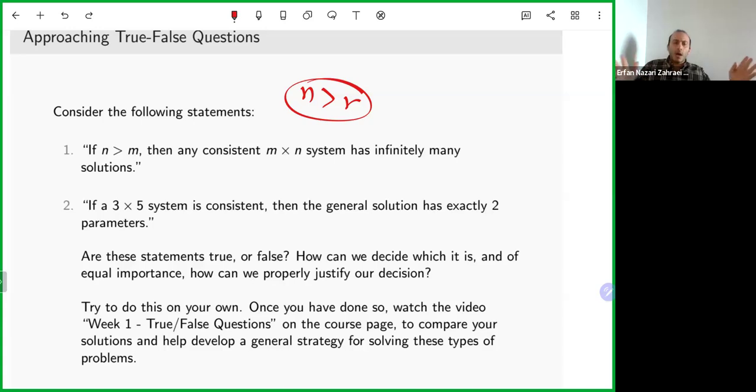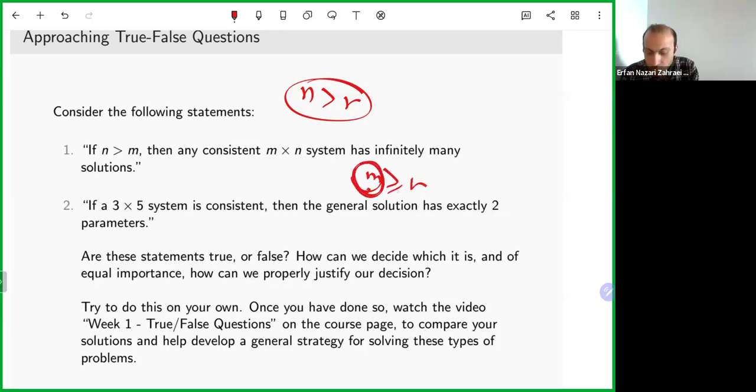Rank is the number of non-zero rows in RREF, and m is the total number of rows. Of course, the total number of rows is more than or equal to the rows that are not zero in RREF. So basically, r is less than or equal to m, or m is more than or equal to r.